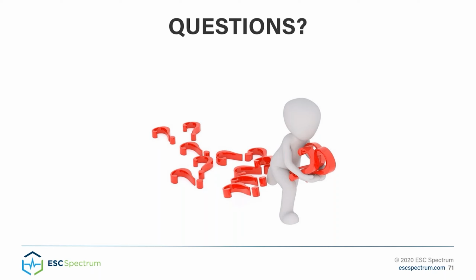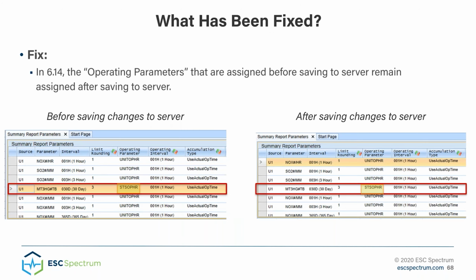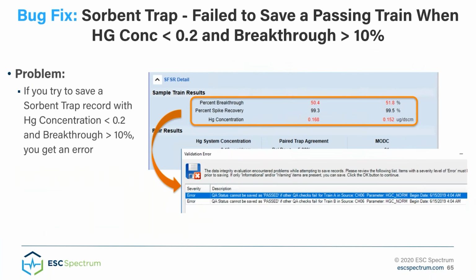Okay, we've got another one here. Can you review the exceedance events report bug that was fixed where the max value showed incorrectly? It was about 2 slides back. I will have to get back with you on that. Let me see if I can find that.